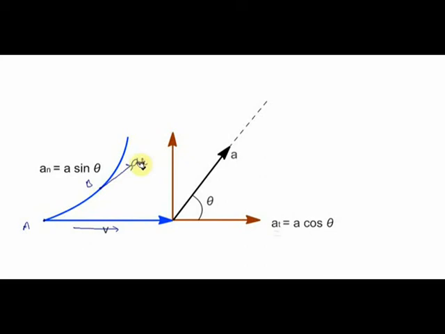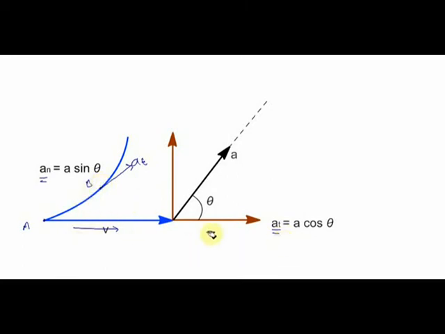So we can see here that if the motion is non-uniform, then there are two accelerations acting upon that object. One is AN, normal acceleration, which is responsible for the change in direction of the object, and another one is AT, tangential acceleration, which is responsible for the change in the magnitude of velocity vector.